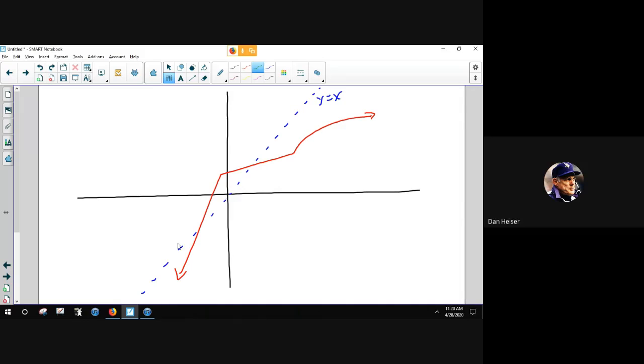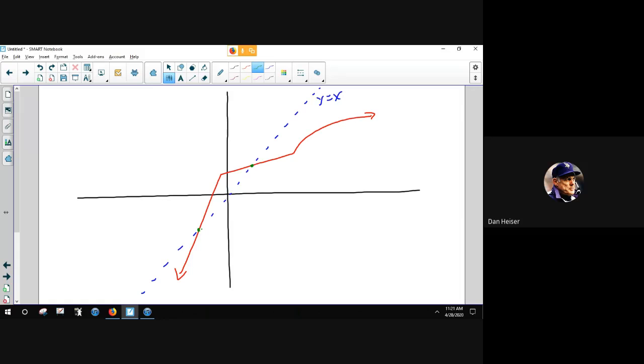In other words, think of this as a mirror. We're going to take this red graph and flip it over the blue line. So if we are above the blue line, for example, from this point to this point, we are going to now be below it.